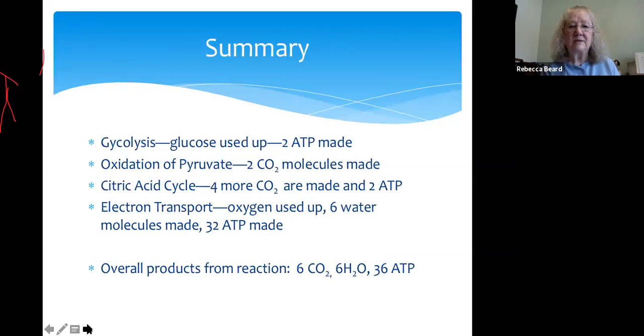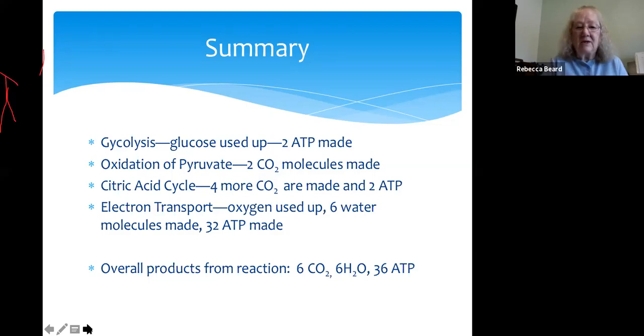Okay. So let's summarize. In glycolysis, glucose is used up, 2 ATPs are made. That gives us the pyruvate. And so in the oxidation of pyruvate, we're going to be making 2 carbon dioxide molecules. In the citric acid cycle, 4 more carbon dioxide molecules are made and 2 ATP.